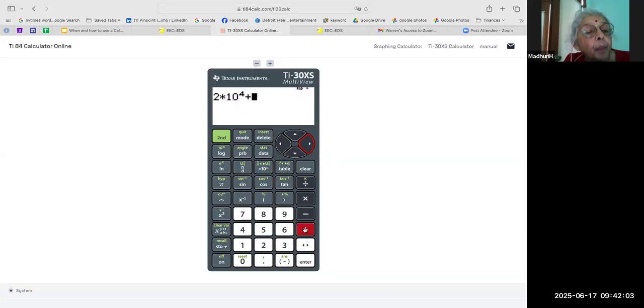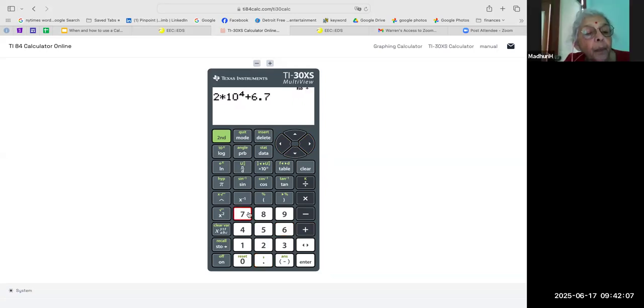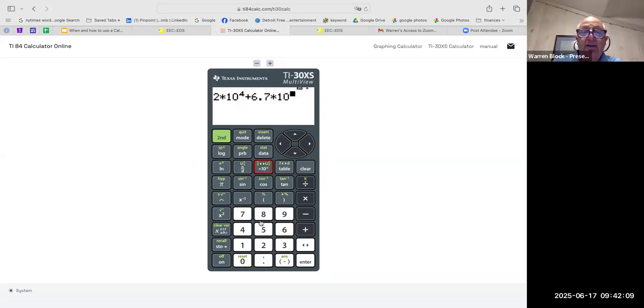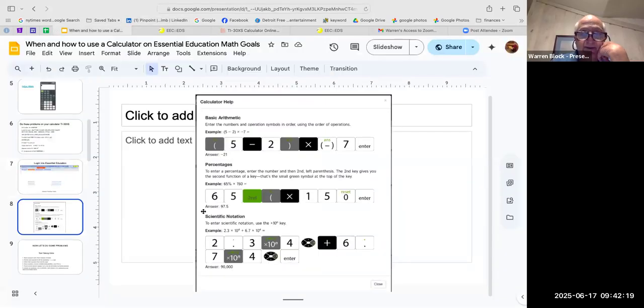Plus 6.7 times 10 to the 4th and enter. So I think that's what we're supposed to get. Again, we're supposed to get 97. It says we're supposed to get 97,000. Oh, I didn't do the 2.3.